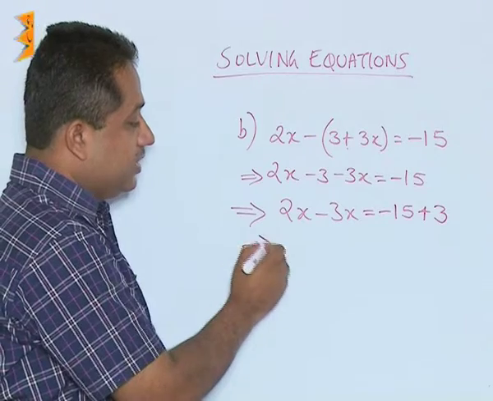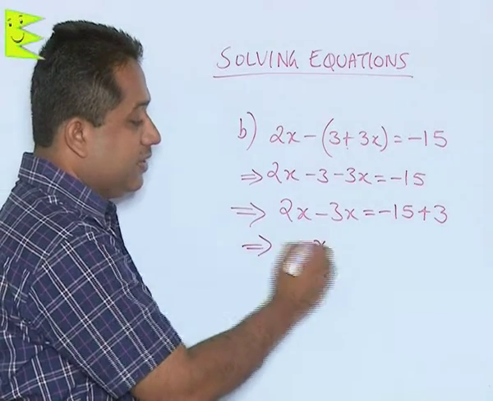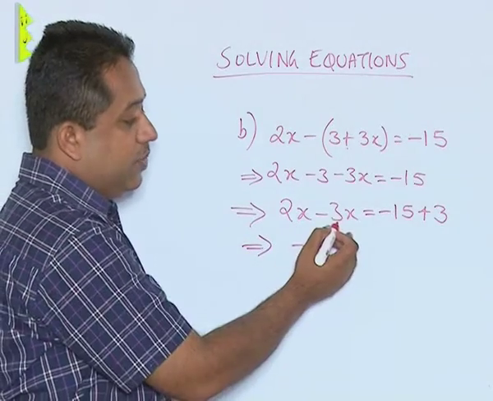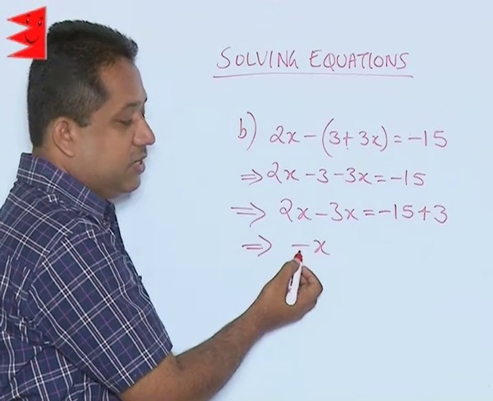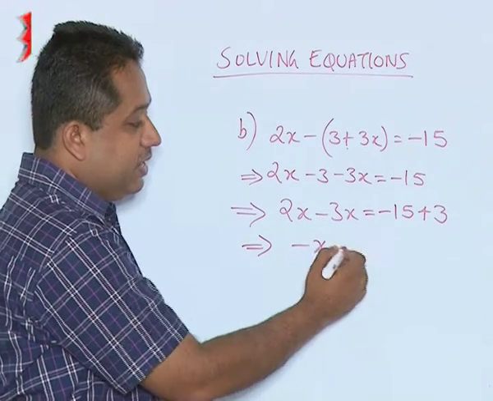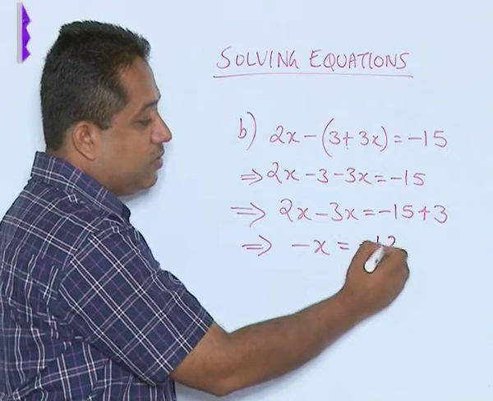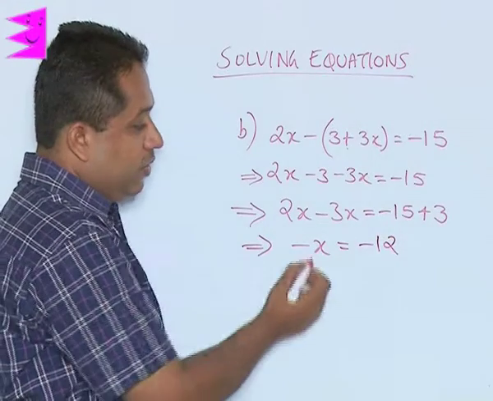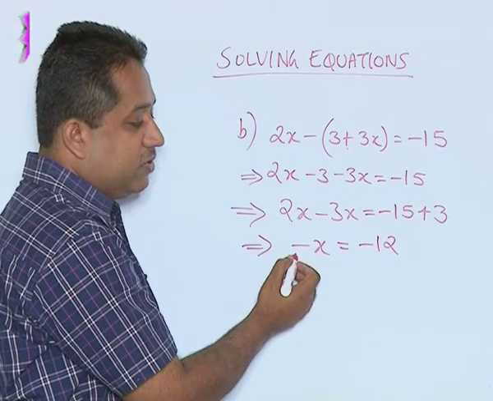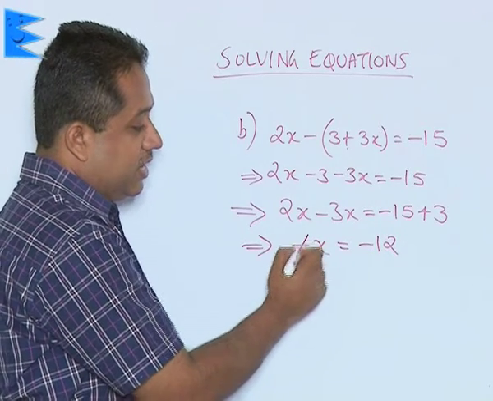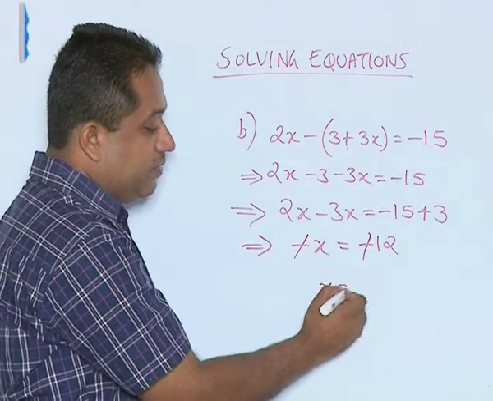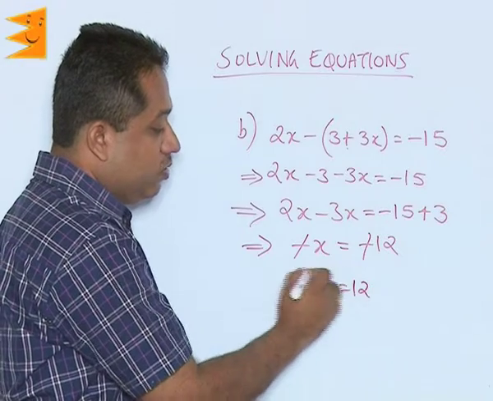So, this implies 2x minus 3x, that is minus x, because the bigger number is 3. So, we will have to put that symbol here, that is the negative sign, is equal to minus 15 plus 3, which is going to give us minus 12. Here we have two negative signs on the RHS and the LHS, we can cancel both. So, we get the final answer as x is equal to 12.